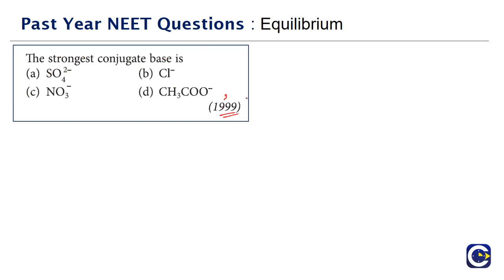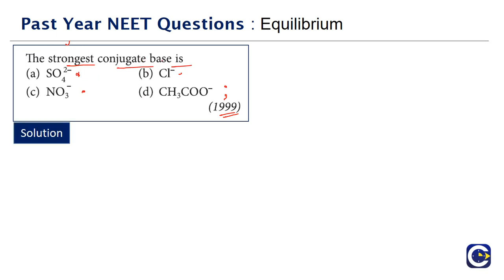Let's go to the question that has come in 1999. This is a question on the Bronsted and Lowry theory. The strongest conjugate base is, so they have given the respective anions. Among them we have to find what is the strongest conjugate base.